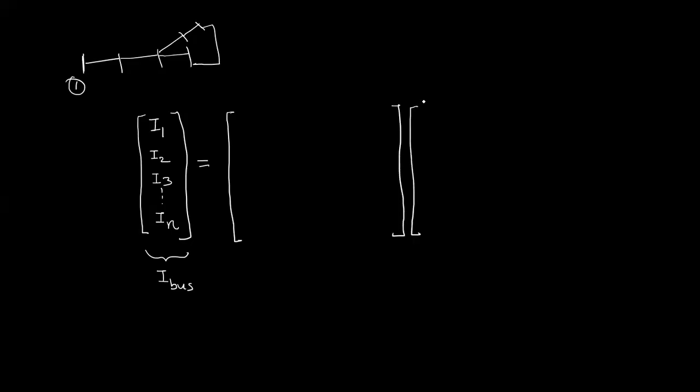So this vector is basically represented as I bus, and that is related to the bus voltage vector. The bus voltage vector is basically V1, V2, and so on up to Vn. So this is V bus, and this will be the Y bus matrix.